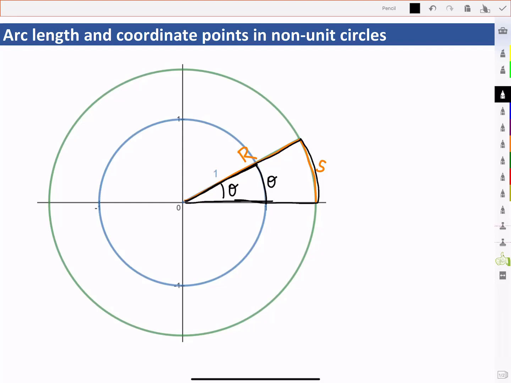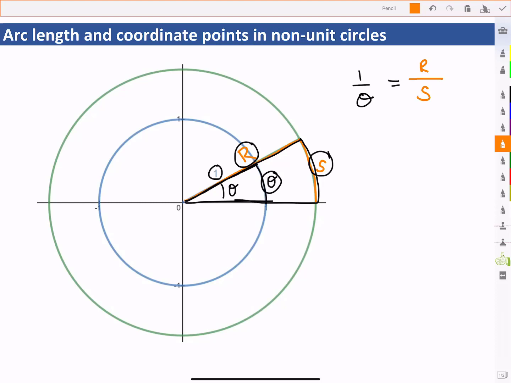We can look at corresponding sides of the sectors, namely the radius and the arc lengths, and so we can say that 1 over theta equals r over s.